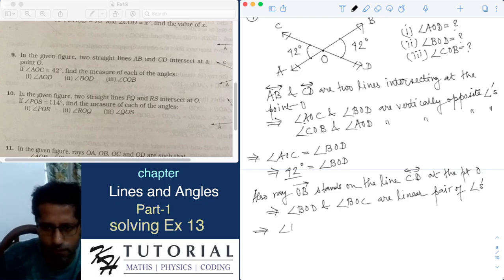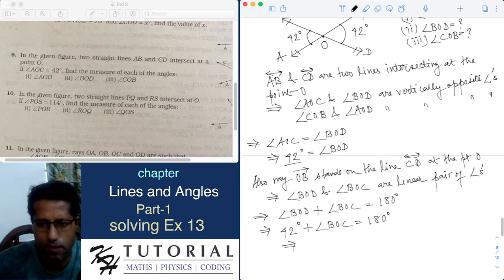So angle BOD plus angle BOC equals 180 degree. Angle BOD we have already found to be 42 degree, so 42 degree plus angle BOC equals 180 degree.